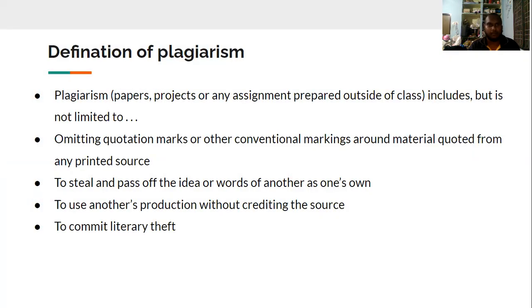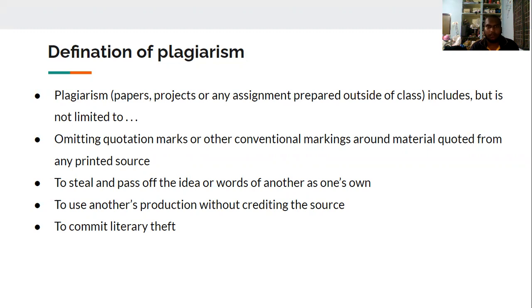Definition of plagiarism. Plagiarism is papers, projects or any assignment prepared outside of class, includes but is not limited to omitting quotation marks or other conventional marking around material quoted from any printed source, to steal and pass off the ideas or words from another as one's own.